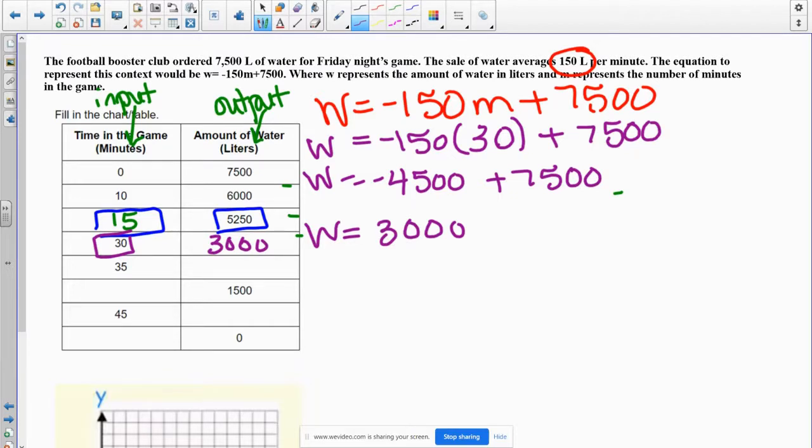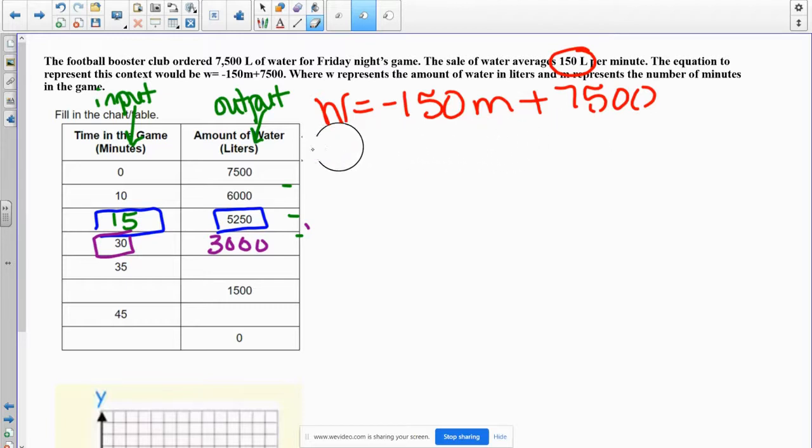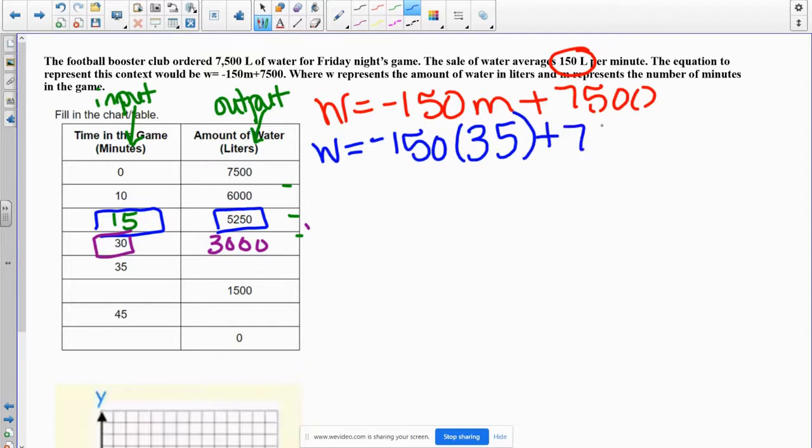So we go to our next row. Again, we see that we know the input, so we know the minutes. We want to know 35. So let's erase here. So again, we know the input, 35 minutes. We want to know the output. In other words, we want to know how much water is left. So we're going to take negative 150 times, this time 35 minutes, and we're going to add that to how many liters we had at the beginning.